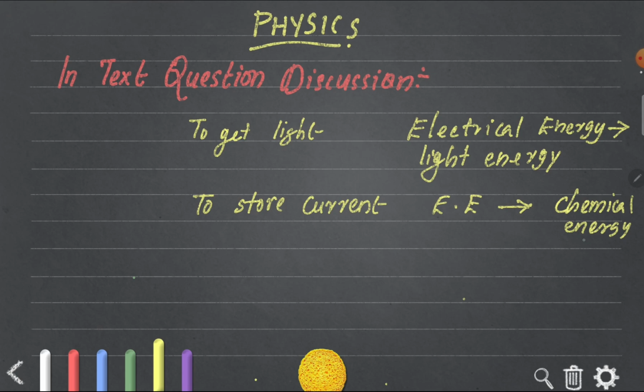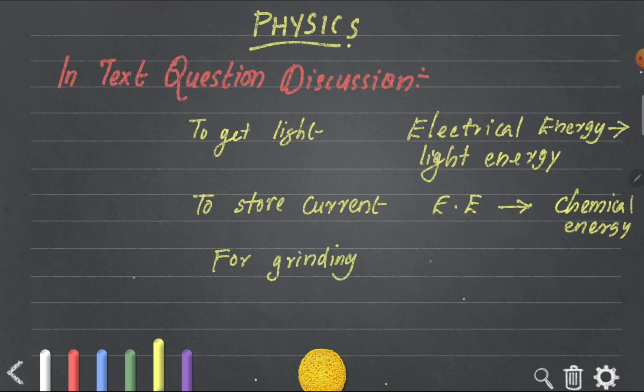Now in the case of mixie, what is its purpose? For a mixie, it is used to grind things, right? So you can write for grinding. Now what is the energy change there?